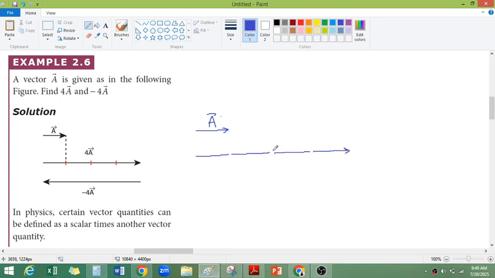So that's my 4a. And minus 4a will be in the opposite direction. Okay. Any doubts? Very simple, nothing difficult.